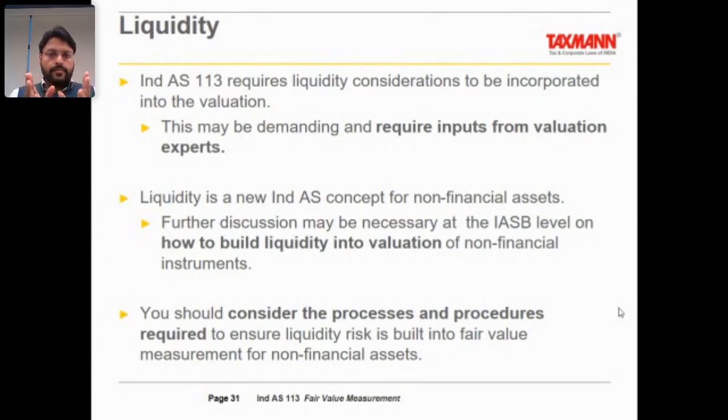Now I have shares of a company which is listed and one which is not listed, but they are in the same business. So I will take the price of the listed entity, say what is the price quoted for the listed entity, and will do certain adjustments and arrive at the fair value of the unlisted entity.